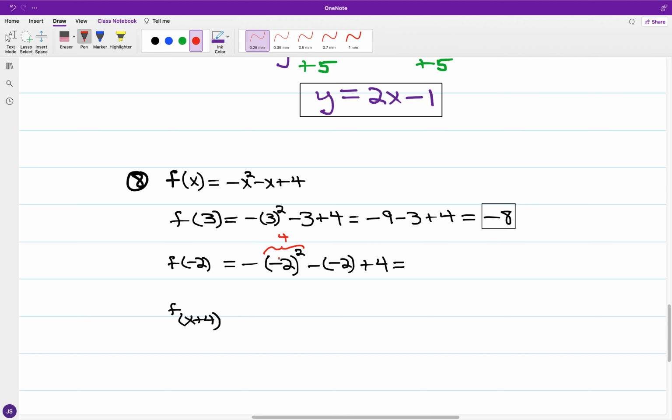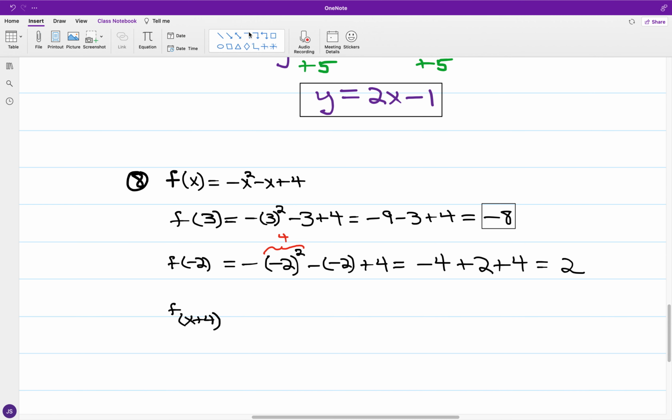However, the square of negative 2 is still affected by the negative sign at the front. So while the square of negative 2 is 4, the opposite sign of the square of negative 2 is negative 4. And minus negative 2 translates to the addition of 2. And we have plus 4. You probably see that negative 4 and positive 4 will cancel out. So f of negative 2 is equal to positive 2.